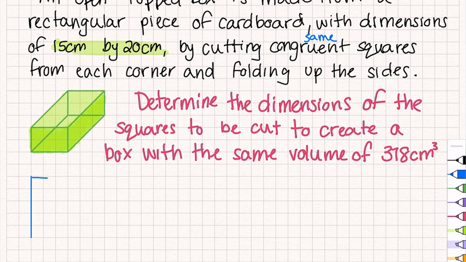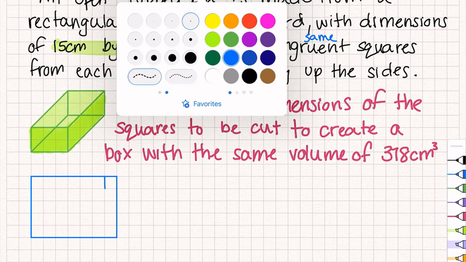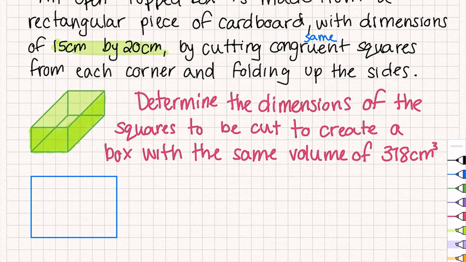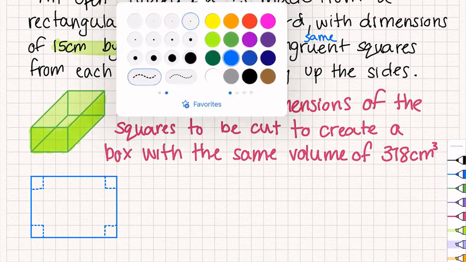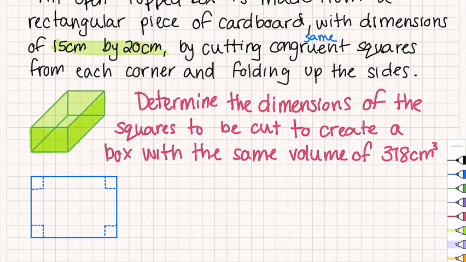So if we have a rectangle here, what's going to happen is we're going to cut out these corners. Okay, so we're going to cut out these corners. And when we cut out these corners, we can fold the pieces up. So we're really folding along these lines here.